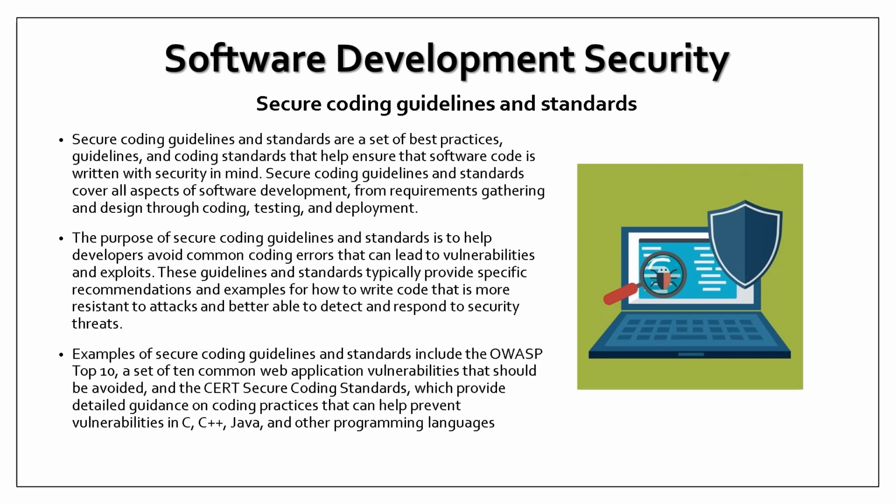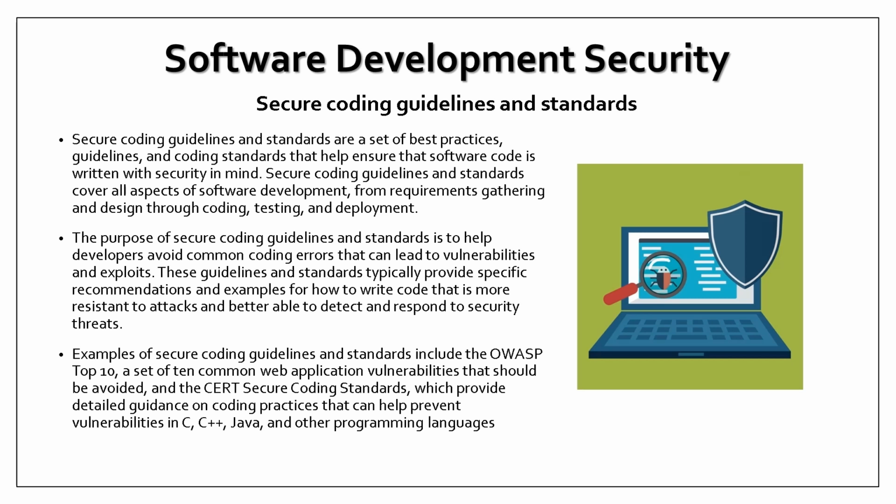Secure coding guidelines and standards are a set of best practices, guidelines, and coding standards that help ensure that software code is written with security in mind. They cover all aspects of software development, from requirements gathering and design through coding, testing, and deployment.